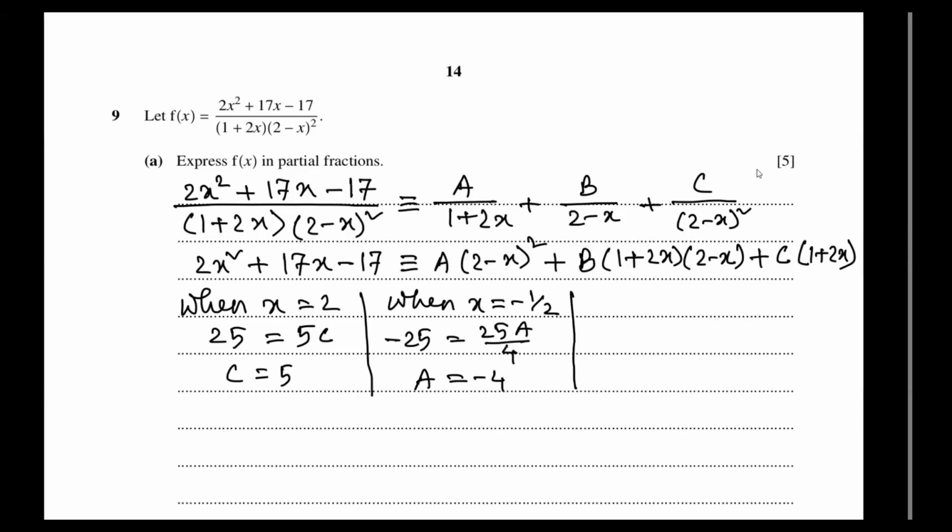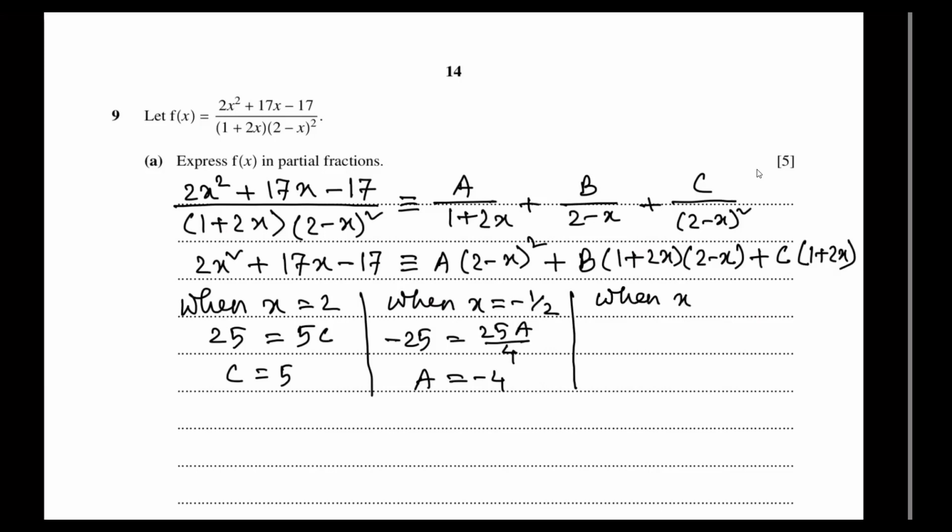Now you see we have one more unknown remaining, and we have used the shortcut. We have used these two shortcut values of x. Now you substitute any value of x other than these two.